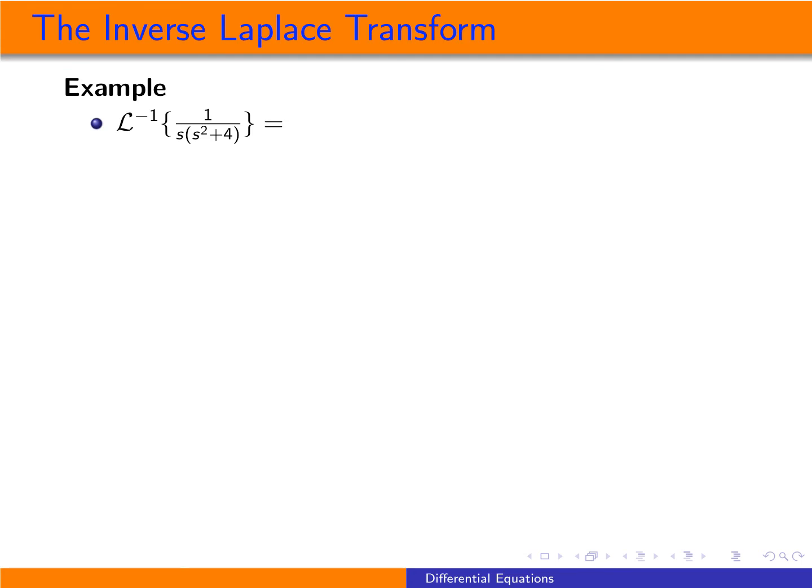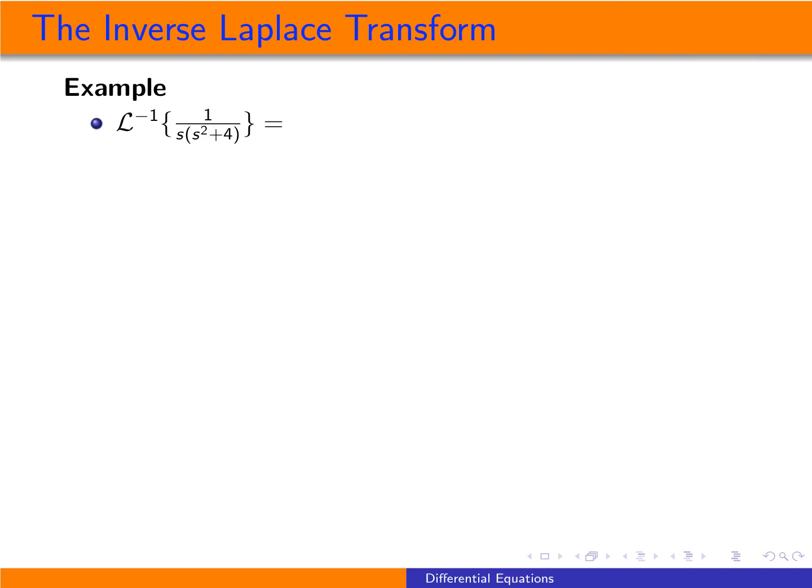One more example involving some very typical algebraic manipulations with calculating inverse transforms. When we see something of the form given here, this s times s squared plus 4 product in the denominator indicates that we will need to do a partial fraction decomposition.